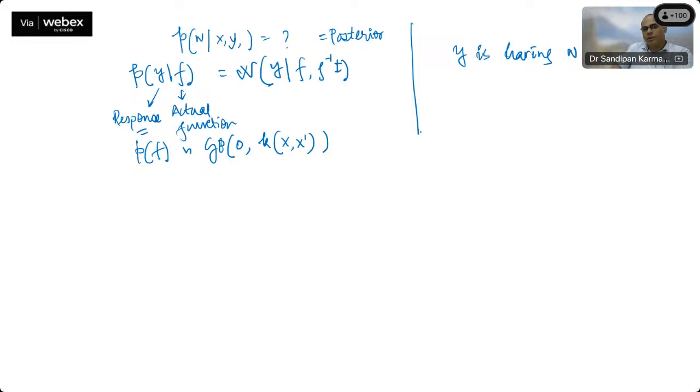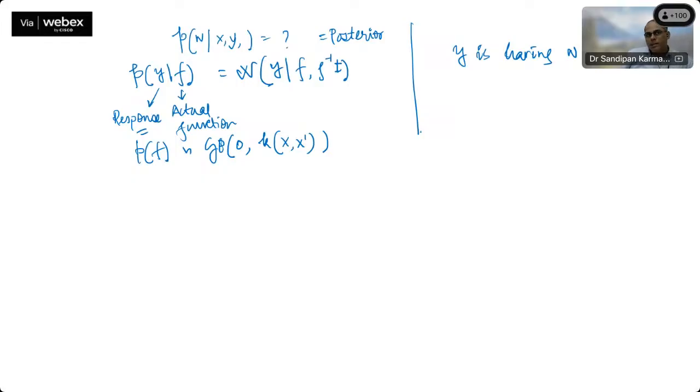Another thing is also very interesting with this non-parametric approach, especially using Gaussian process. If you are thorough with KNN, K nearest neighbor, there is one severe problem, or it can be called an advantage also.